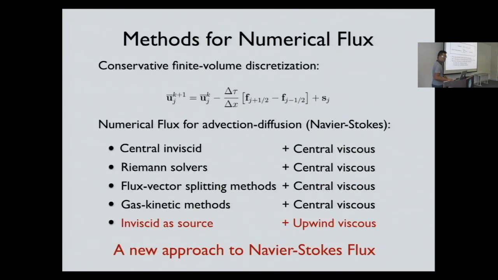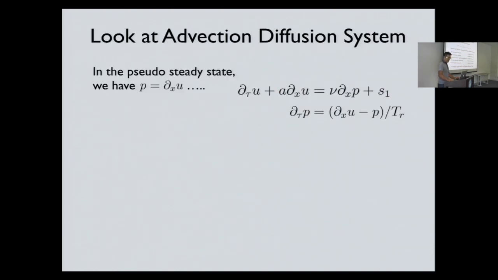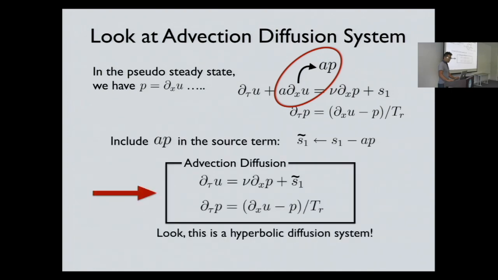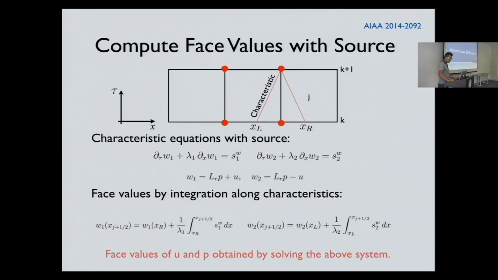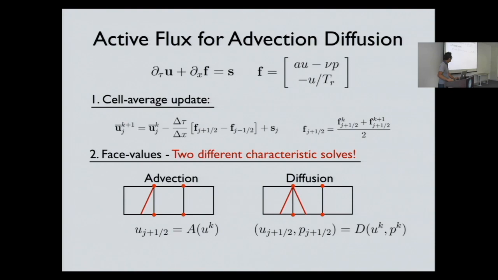Yeah. So the characteristics of the advection diffusion are exactly the same as characteristics of diffusion? Not exactly the same. But it doesn't have to be. Are they getting modified because you have advection as a source term now, or not?